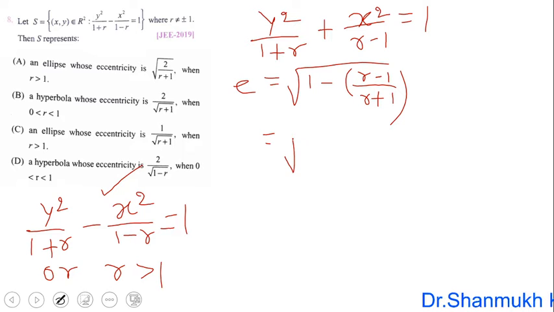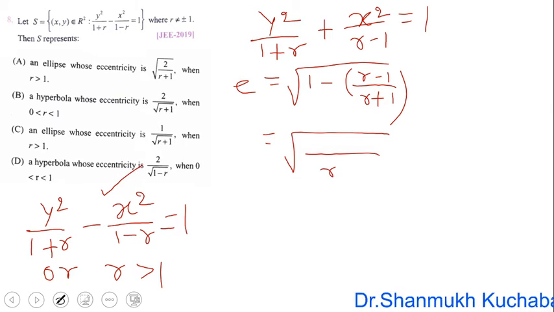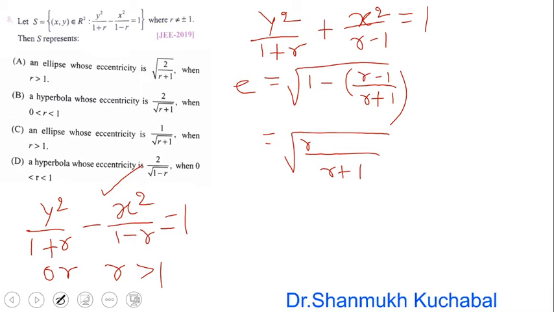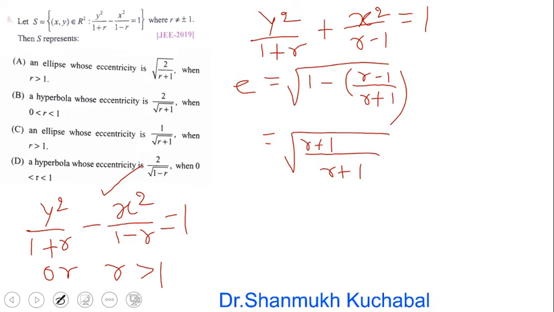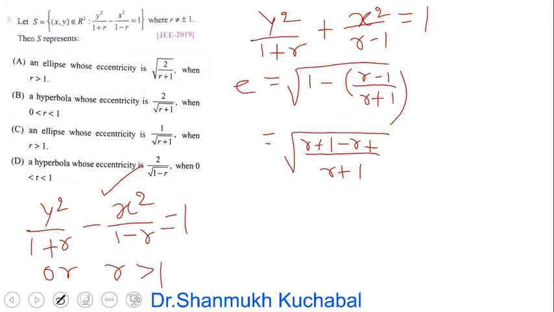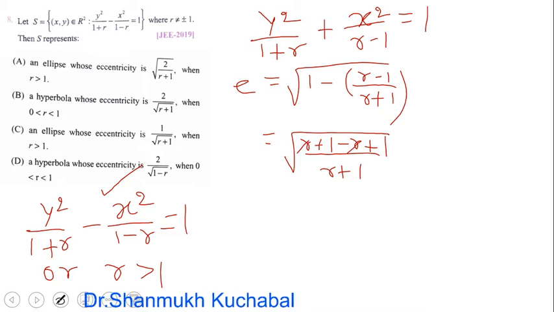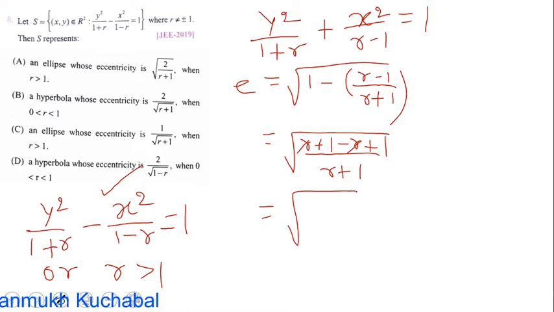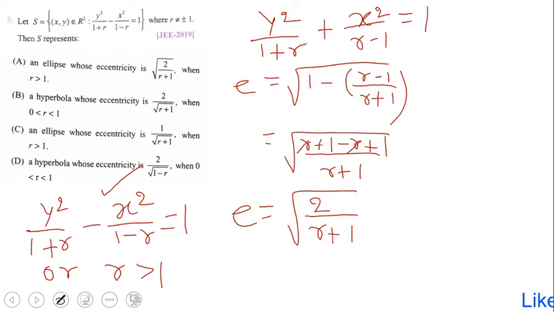So simplification: denominator r plus 1, numerator r plus 1, multiplied by minus sign, minus r plus 1, we get it. So plus r minus r is going to cancel, 1 plus 1 is 2, so it is the square root of 2 divided by r plus 1. This is the eccentricity. This option we have to search.